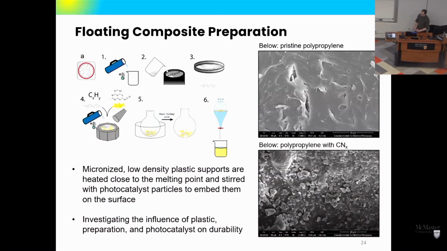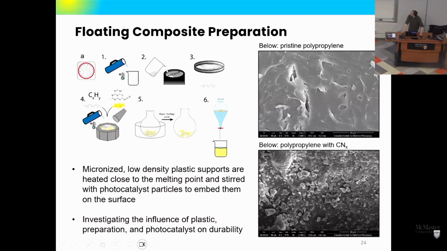So this is how we make these plastic-based photocatalyst composites. Start with these pellets of our polymer, freeze them, micronize them into small microparticles, and then mix them with our catalyst material at a high enough temperature that we're approaching the melting point of the plastic, and we're just relying on a physical softening of the plastic material and embedding our photocatalyst into that surface.